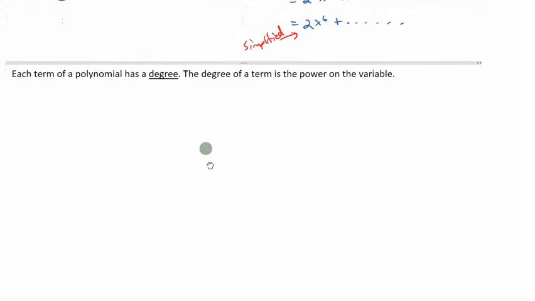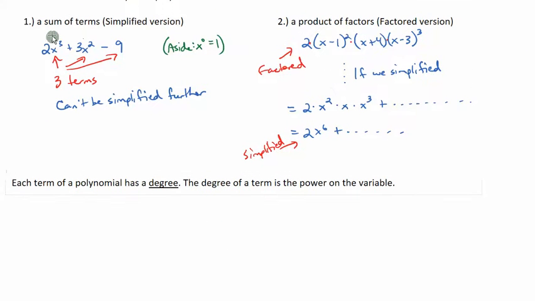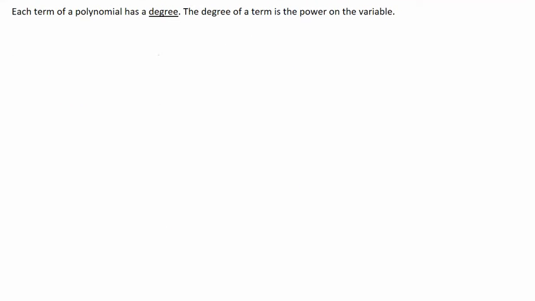So if we go back up here, let's grab this polynomial that we worked with, this simplified polynomial. Two x cubed, that term has degree 3, okay? Because the exponent on the variable is 3.